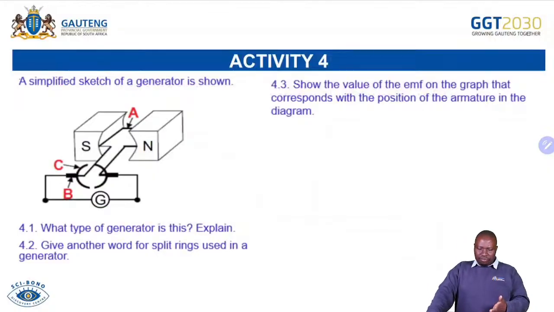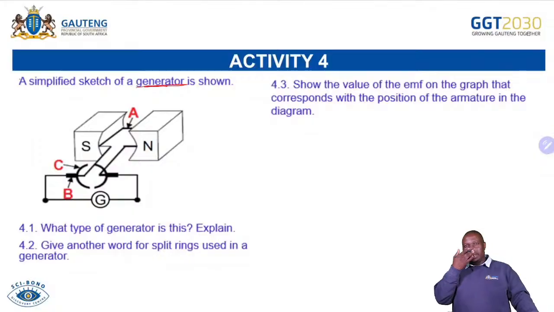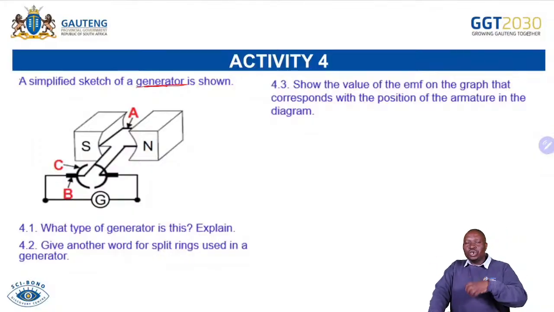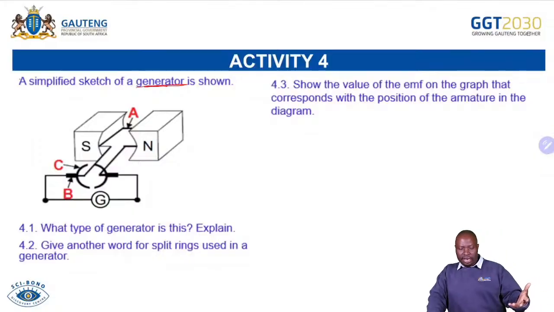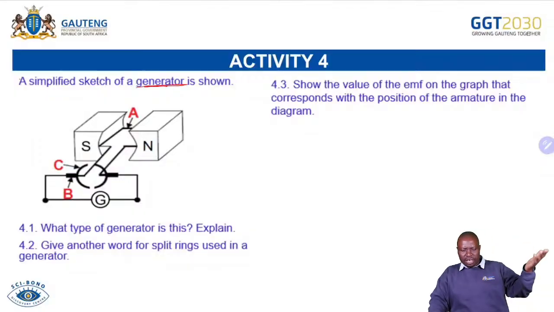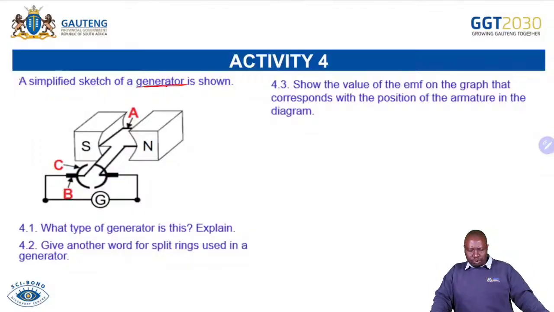This one, we just have the galvanometer that is showing us the direction, and the statement as well told us that it is a simplified sketch of a generator. So always read, because as you are reading, it will either tell you that it's a generator or it will have an output. We can have a voltmeter, or in this case a galvanometer that will show the induced current, how it is moving, because we have shown you already how the induced current moves.